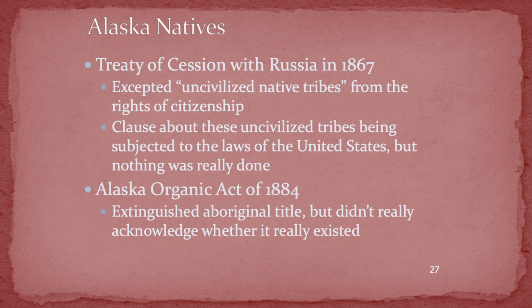It's weird, and this does not get settled until the 1970s, and we'll get to that when we get to the timeline. But we've got to talk about it because the Alaska Natives have a little bit different history that I'm not going to address in the timeline, to make sure that we understand that it's separate and different.